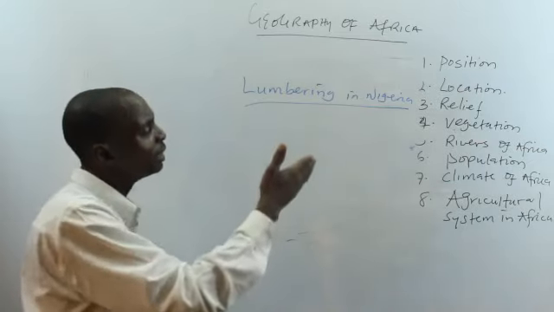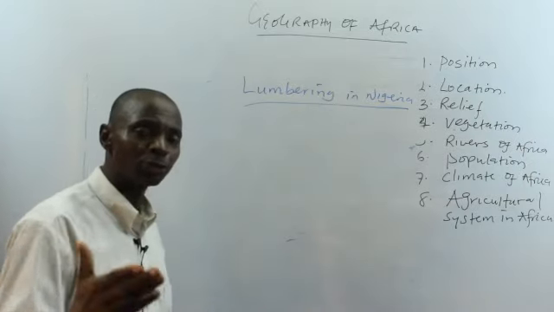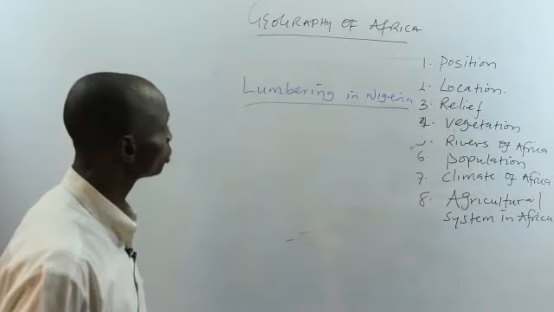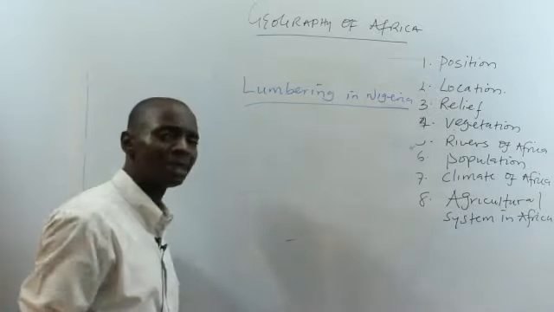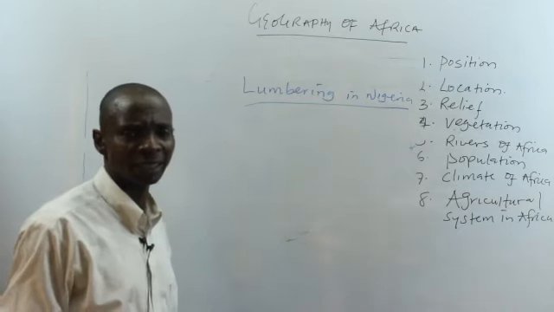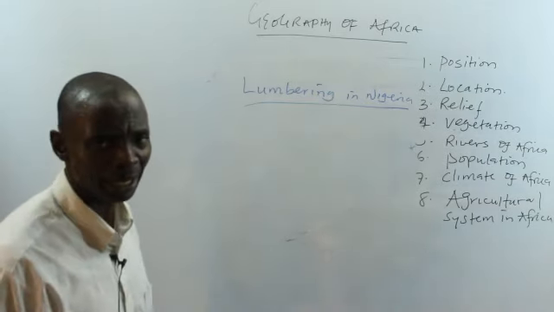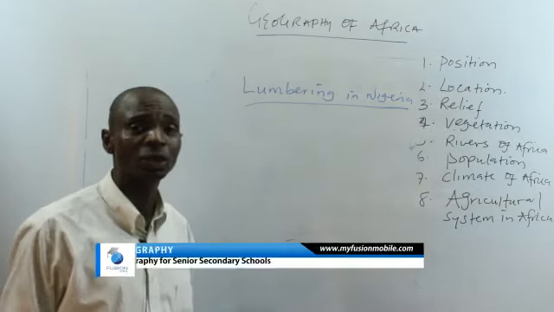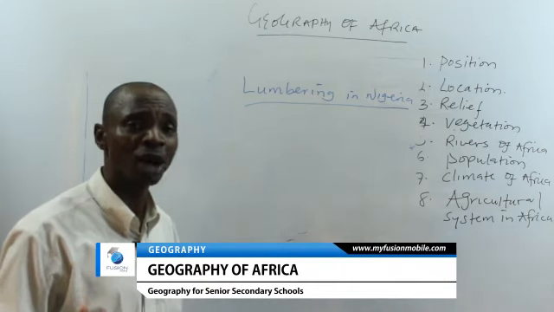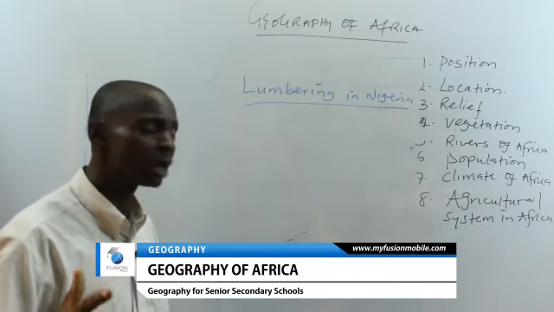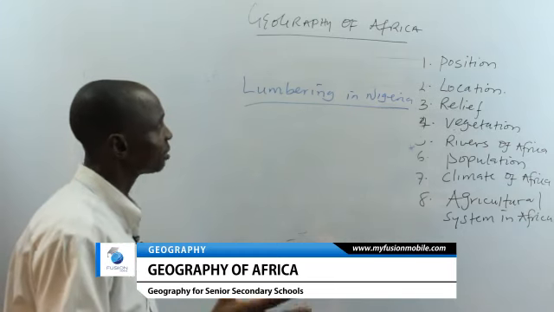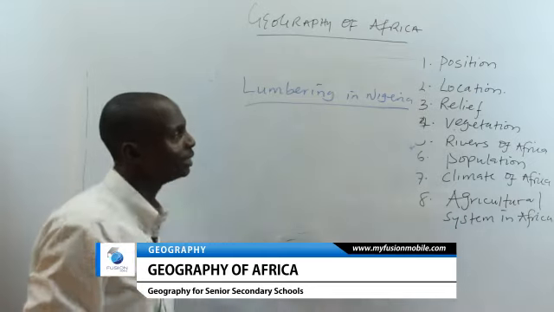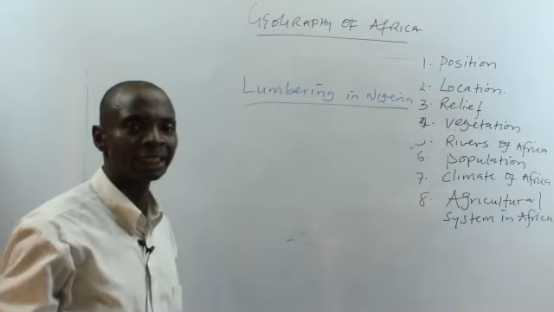But when you have the legal permit to exploit our forest resources, what you are doing is what we call lumbering. So lumbering in Nigeria takes place in the coastal parts of Nigeria, like in Sapele, in Warri, in Port Harcourt, and that axis where we have mangrove swamp forests. There we have enough economic trees that can guarantee these activities of lumbering in Nigeria.